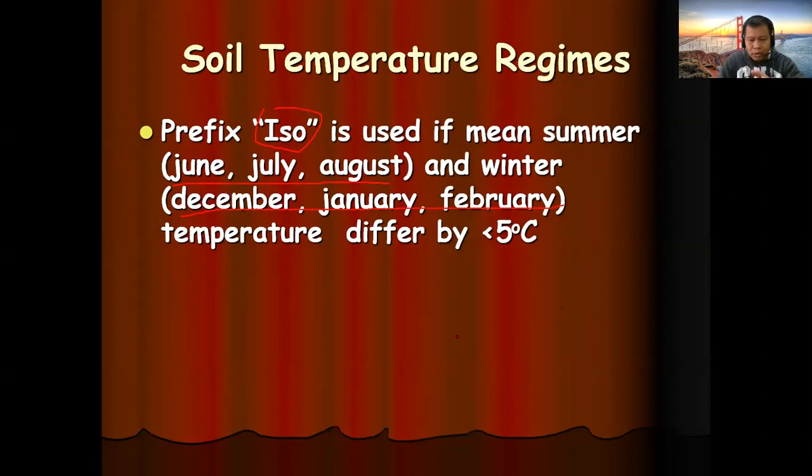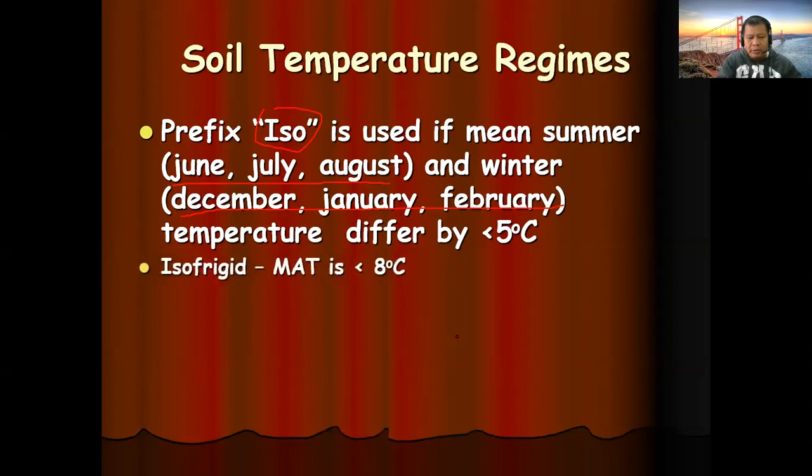Again, you have to use the prefix iso if the mean summer and mean winter temperatures differ by less than 5 degrees Celsius. In the same control section, if the annual temperature in summer compared to winter differs by less than 5 degrees Celsius, then we have to add the prefix iso.